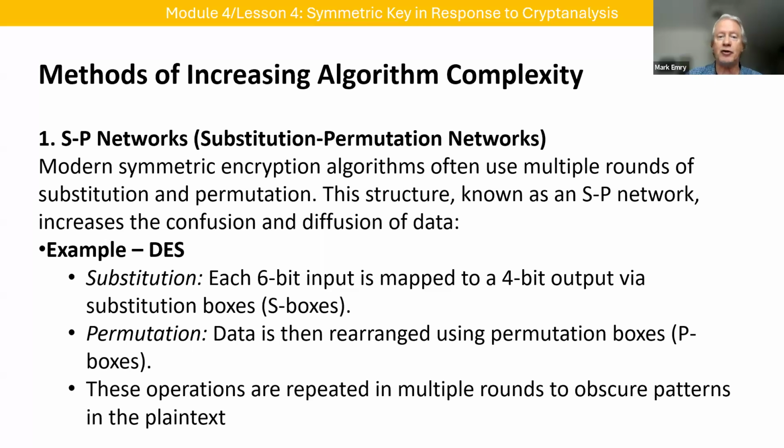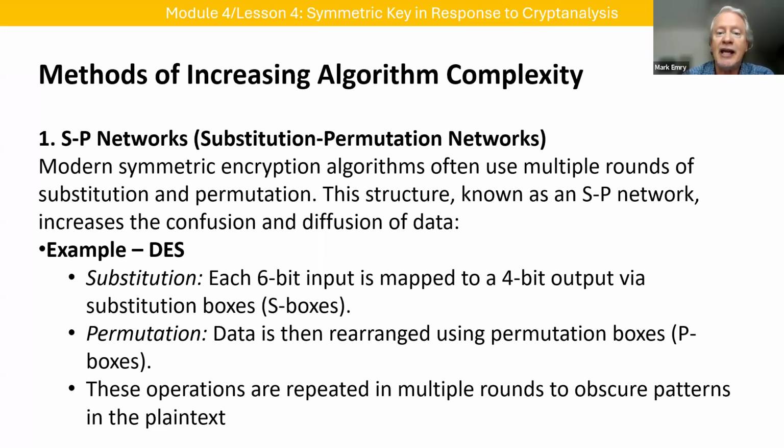Many symmetric encryption algorithms use a combination of substitution and permutation in multiple rounds. This structure is referred to as an SP, or substitution-permutation network. For example, DES, which is the Data Encryption Standard, uses a combination of substitution, using S-boxes, and permutation, P-boxes, to obscure the plaintext. Even if part of the data is known, the use of multiple rounds and transformations makes it hard to reverse the process.